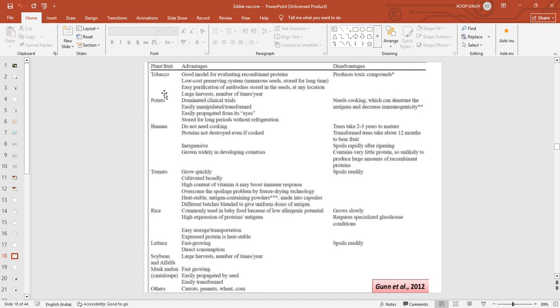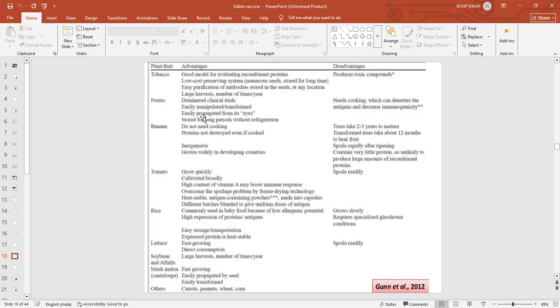Tobacco is a good model for evaluating recombinant proteins, a low cost preserving system. Potato dominates clinical trials. Most of the foreign genes, bacterial or viral, have been introduced into potato, and many transgenic potatoes are undergoing clinical trials.